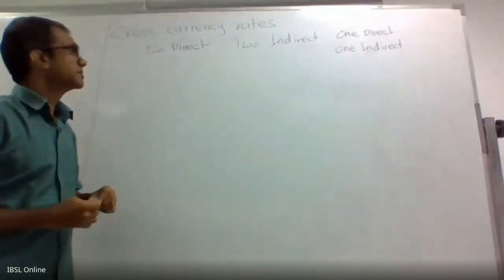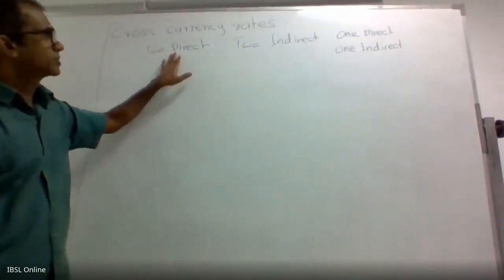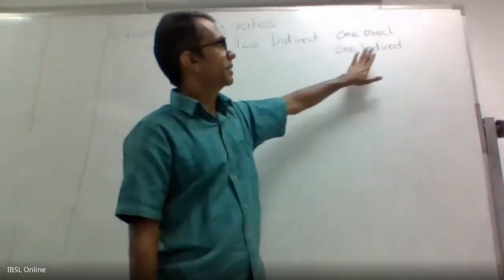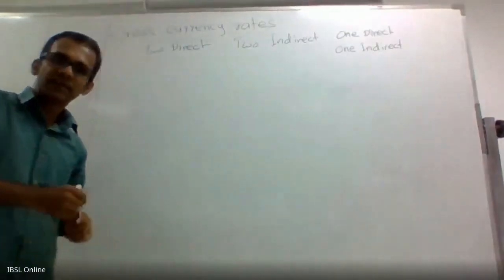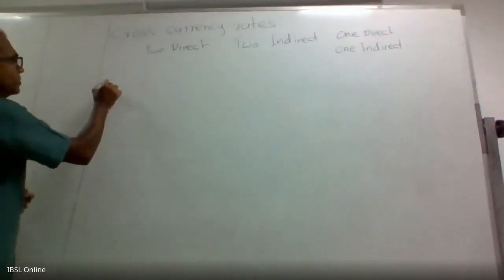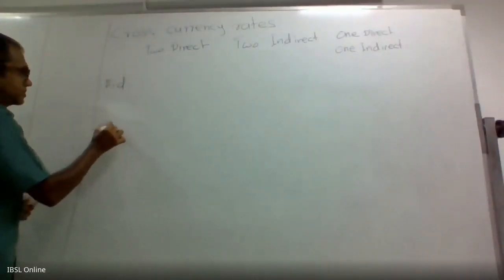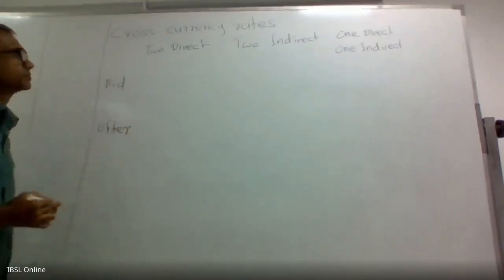Again, I'm going to summarize. When you have two direct quotes, two indirect quotes, or one direct quote and one indirect quote, how do we get the bid and the offer?